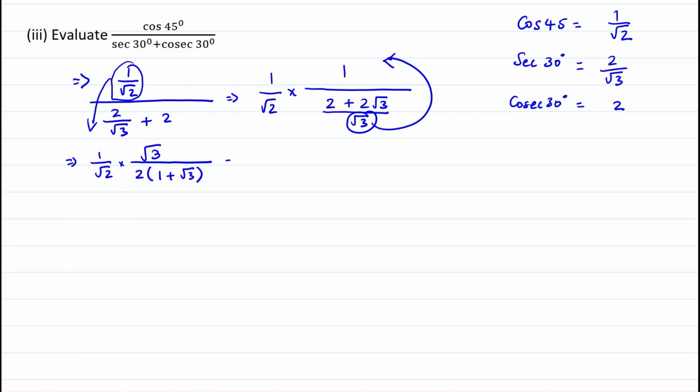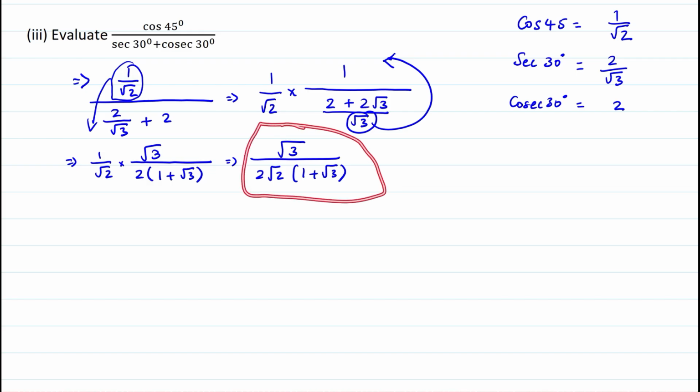So the next step will be root 3 divided by 2 root 2 into 1 plus root 3. Now as per NCERT, you can't leave any root terms in the denominator. So here you have root 3 and root 2.